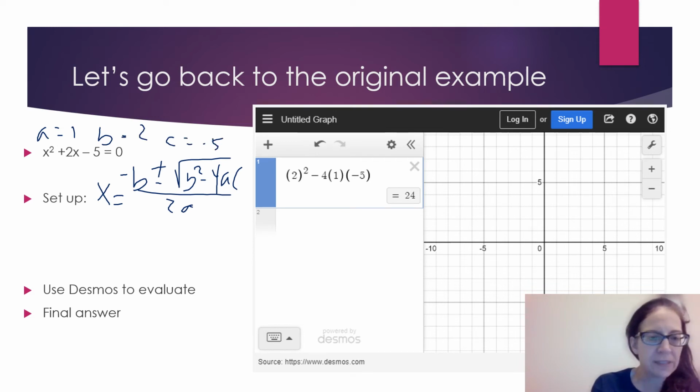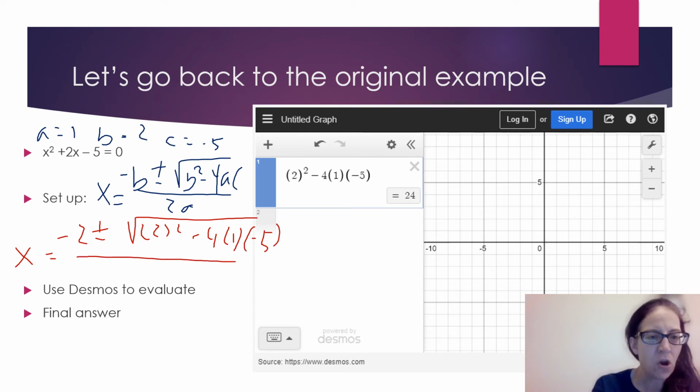So for my setup, I have the opposite of b, which is 2. So the opposite of 2 is negative 2, is equal to 2 squared, plus or minus the square root of 2 squared, minus 4 times 1 times negative 5, all over 2 times 1.